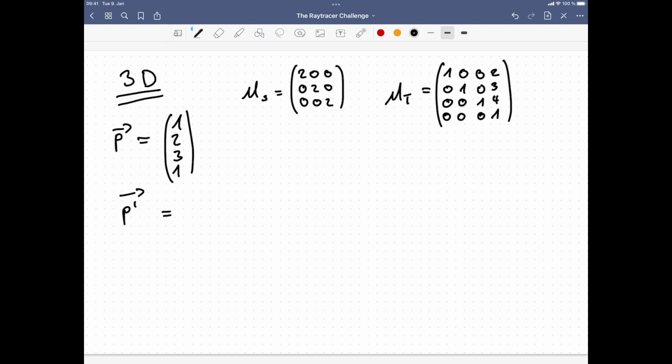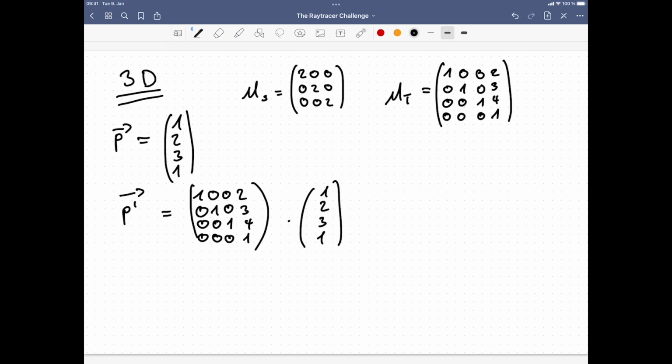So if we now have this 1, and we are multiplying our MT matrix, so our 1, 0, 0, 2, 0, 1, 0, 3, 0, 0, 1, 4, 0, 0, 0, 1 matrix with our point 1, 2, 3, 1, then what would be the result?